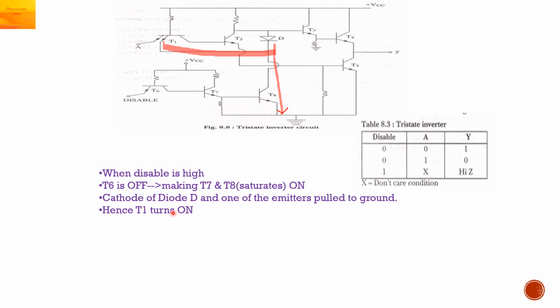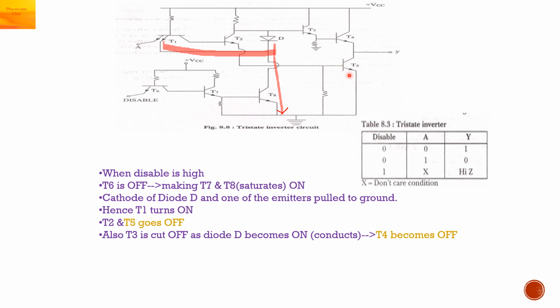Hence, what will happen is that T1 will turn on. When T1 becomes on, its collector voltage will drop, making T2 off and hence T5 off. Also, T3 is cut off as this diode is now conducting.